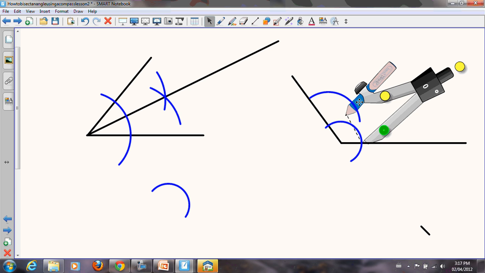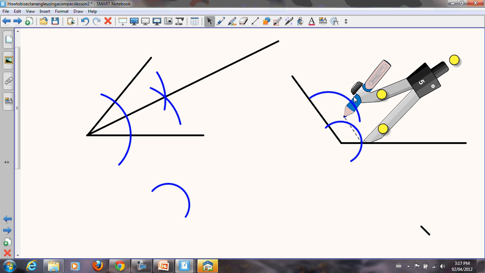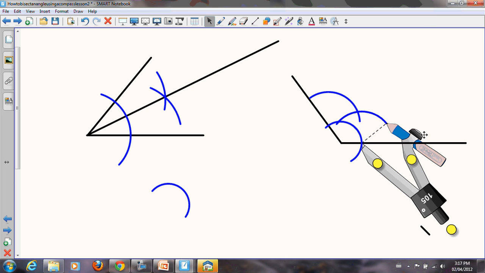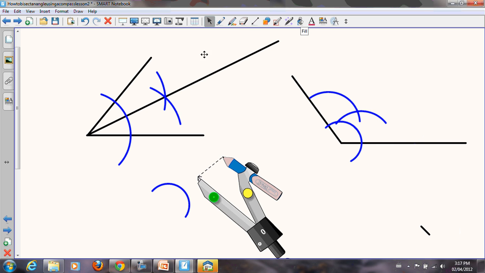And then just draw again and see if they intersect each other. Sure enough they do. Now I can move him out of the way and take a line and connect from here, and it's got to go through where the two of them intersected, so right there. Now I have just perfectly bisected this angle.